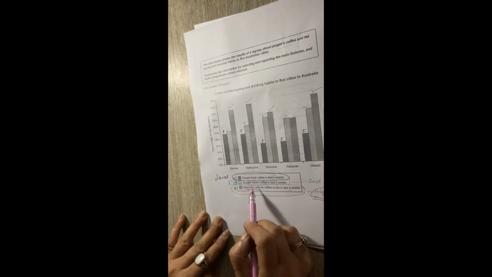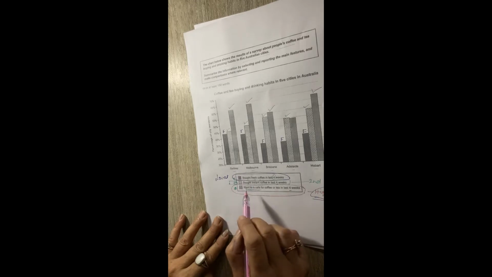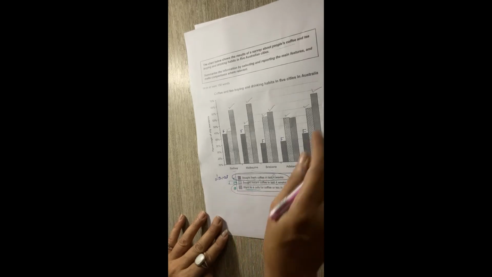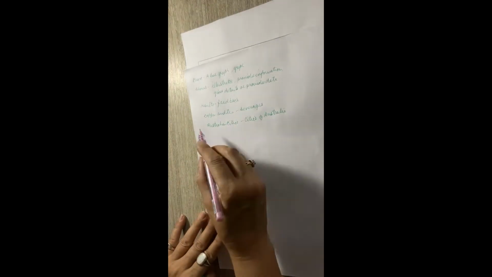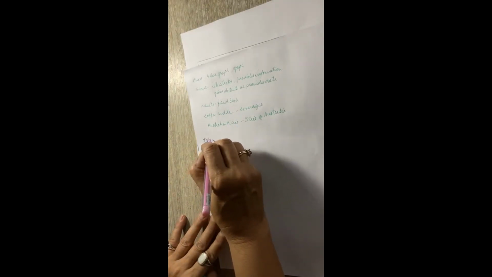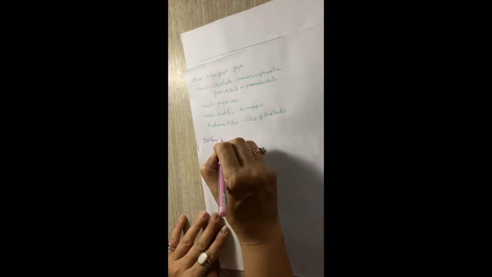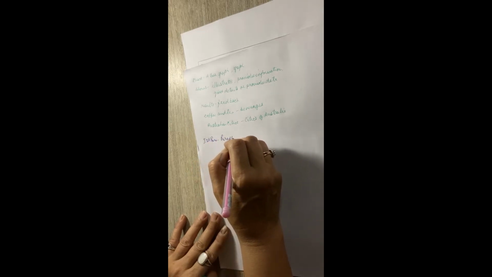Now after that, how will we write it? Now we will mention the overall after the trends. Overall, which I have already told you, we can use these words. For the first paragraph, we will paraphrase the question.